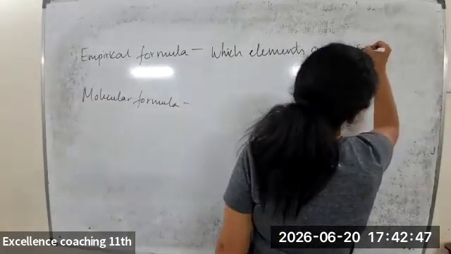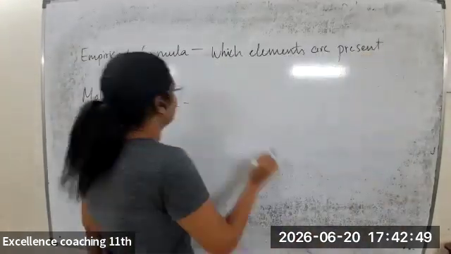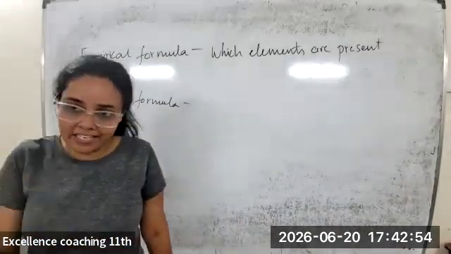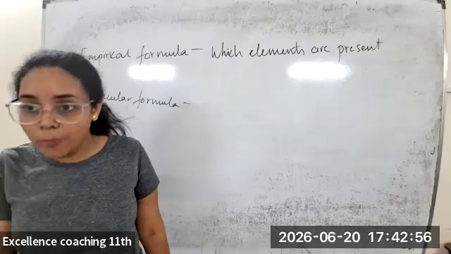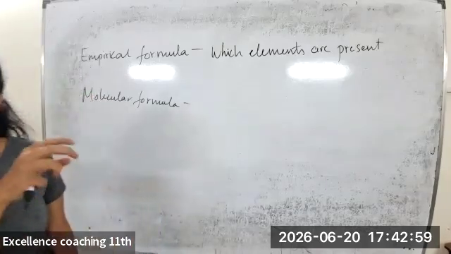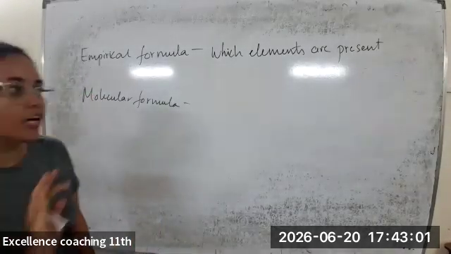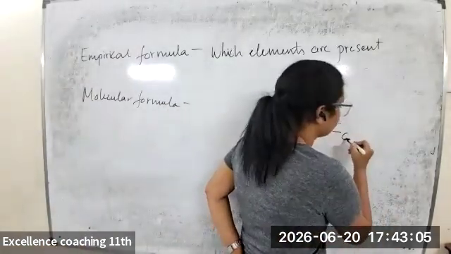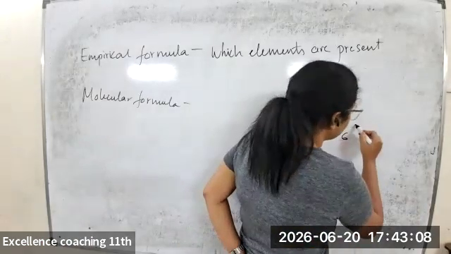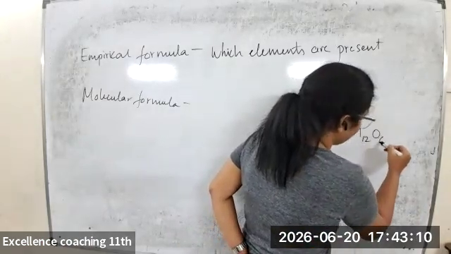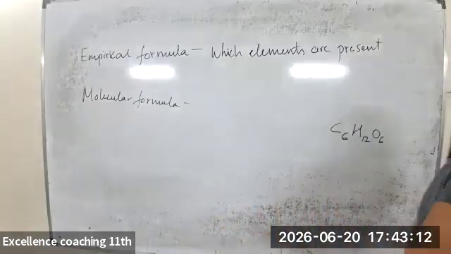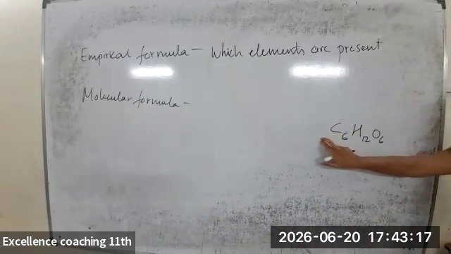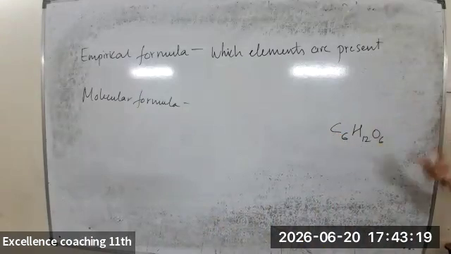But your molecular formula will be more precise. It will tell you how many moles of that particular element are present. For example, take the formula of glucose, C6H12O6. If you find the empirical formula, it will tell you which elements are present, like carbon, hydrogen, oxygen.